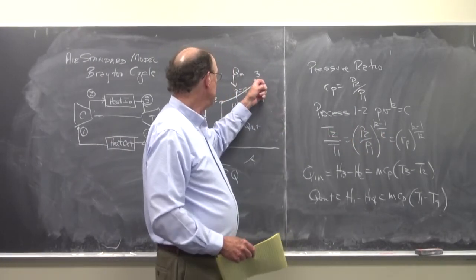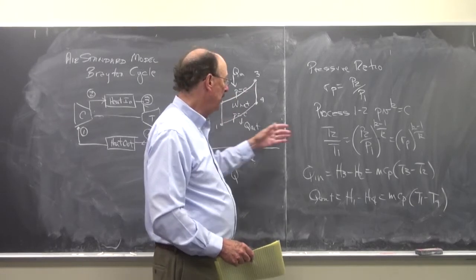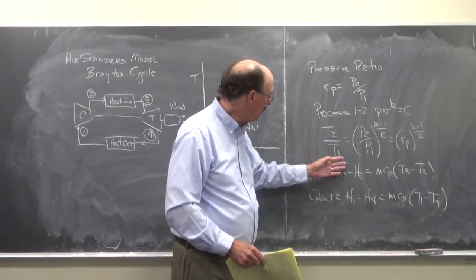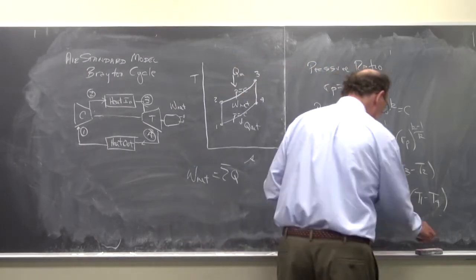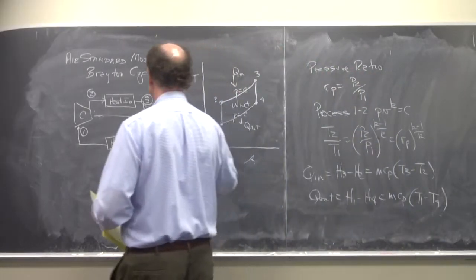So the T3 over T4 and the T2 over T1 are going to be equal, and I can combine that with these terms, and I can come up with the thermal efficiency for a Brayton cycle.